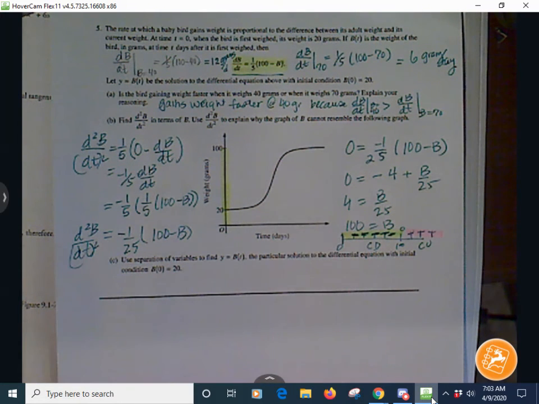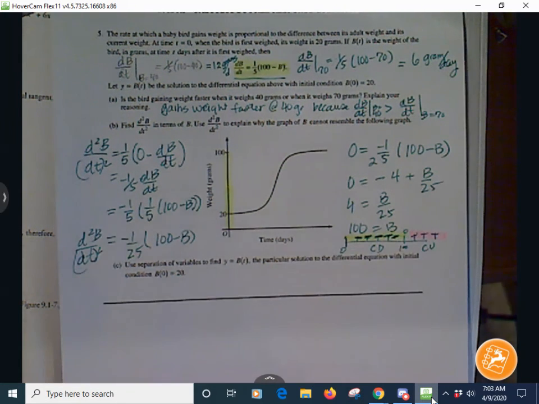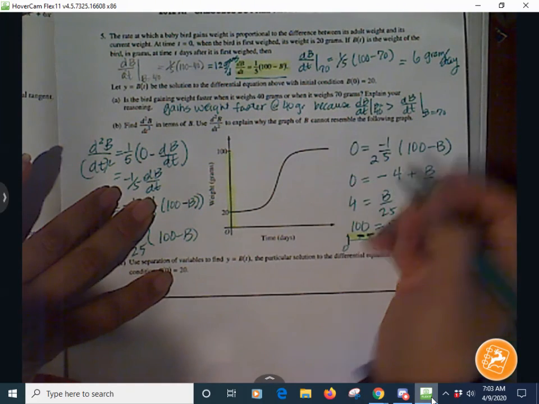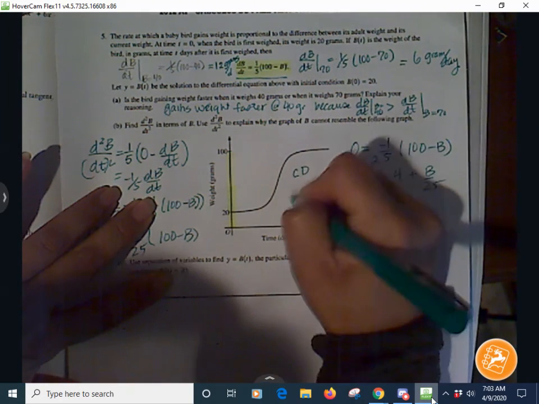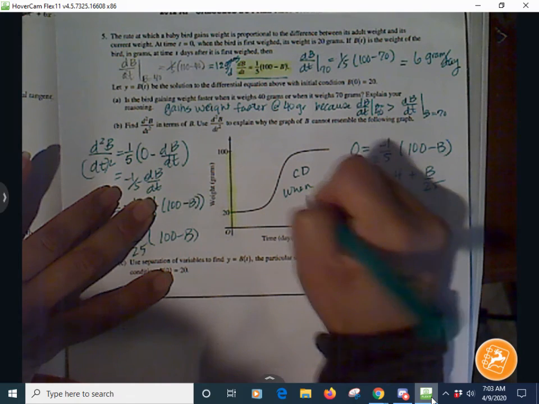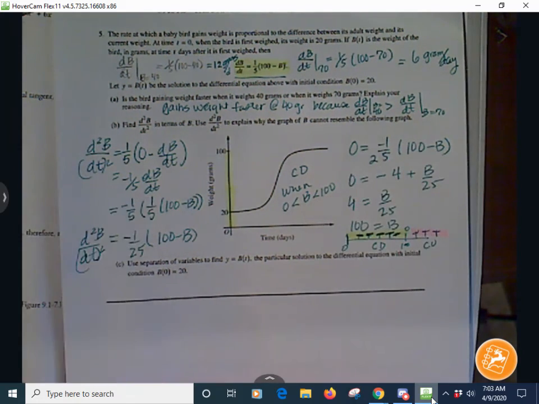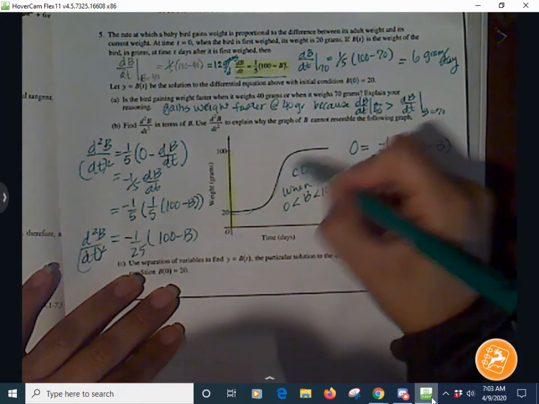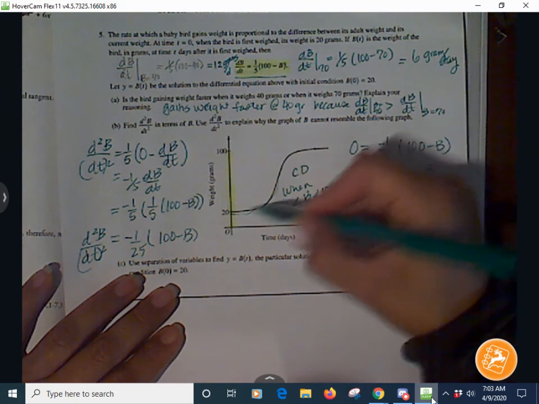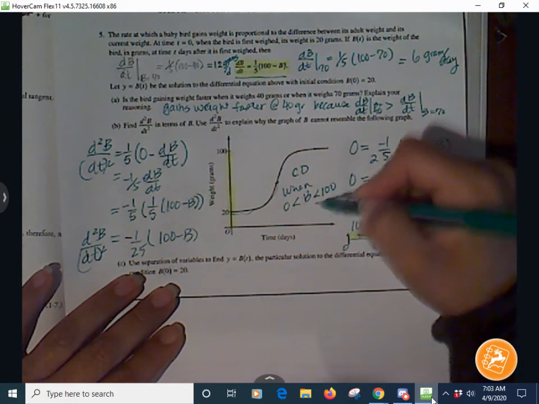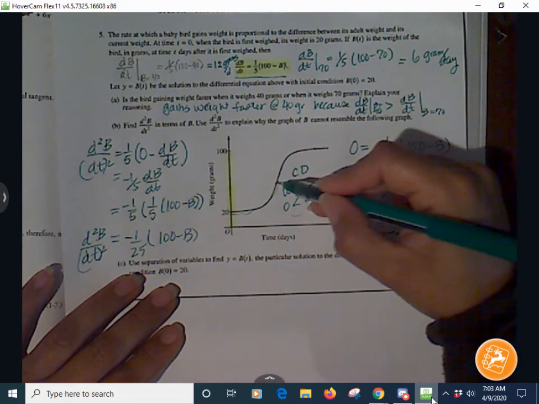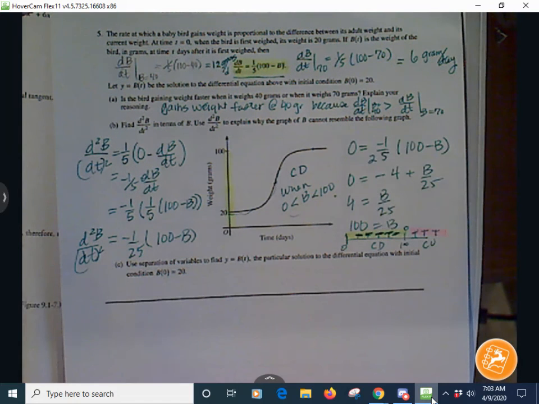So you can state that it's concave down when B is between 0 and 100. And here, this graph is concave up for part of this interval and concave down for another part of this interval. And that's why it doesn't match up.